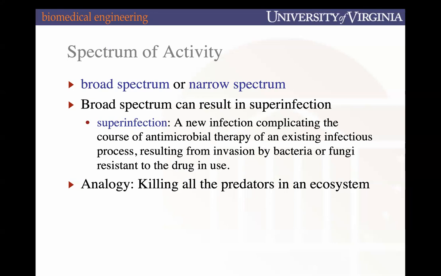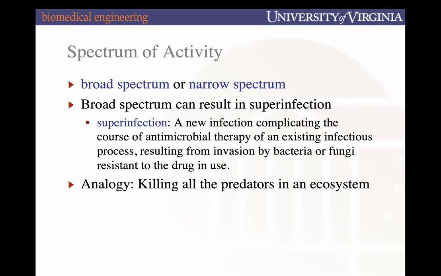That probably sounds a little gross, but it is the reality. And so it's much better to have narrow spectrum antimicrobials that'll have a more targeted approach. Sometimes it can be, for example, we already talked about gram-negative versus gram-positive bacteria. And so that's one way in which you can have a bit more of a targeted approach. And another, we're going to talk a little bit more about different ways you can have a more targeted approach based on what you target.